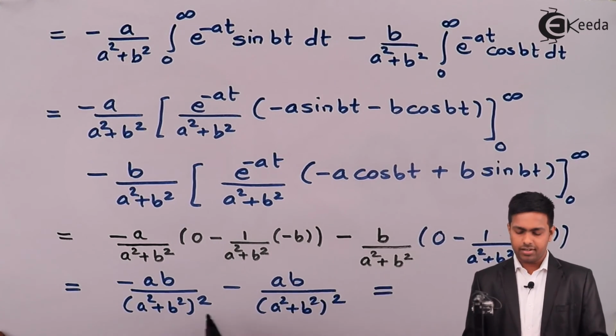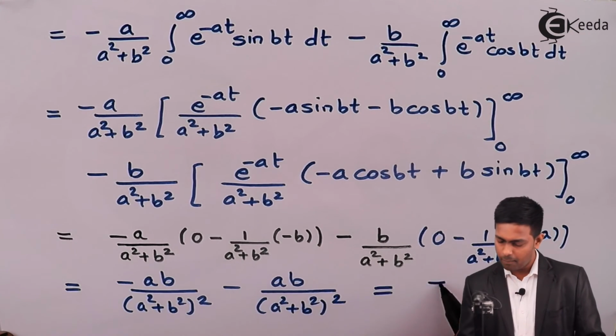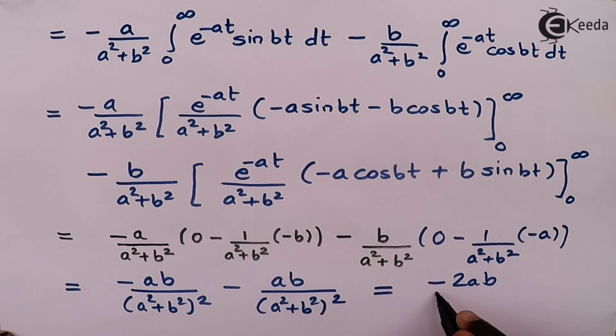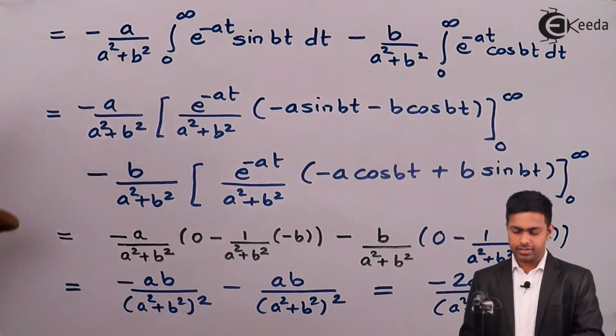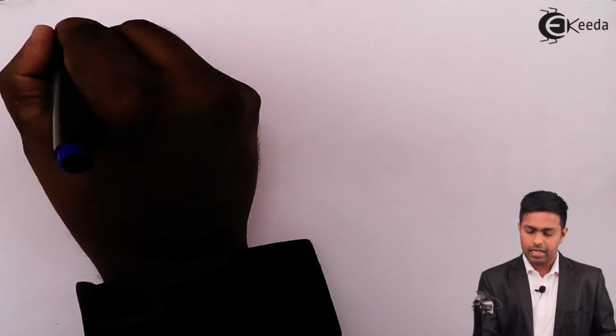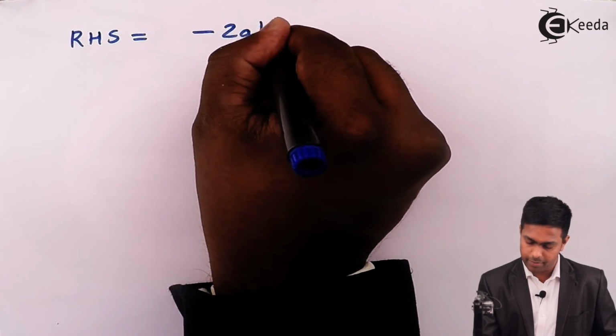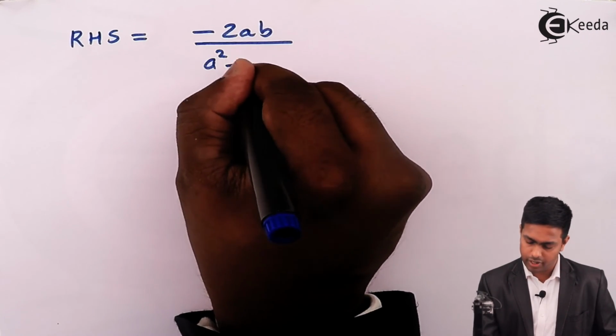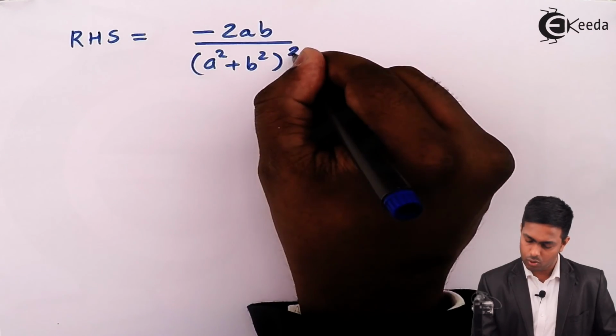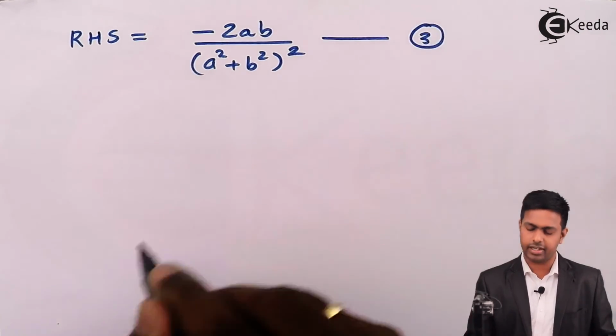And if we sum it up, then we will get minus 2ab upon a square plus b square the whole square. So guys, this is the value of RHS. On the next page I'll say RHS is equal to minus 2ab upon a square plus b square the whole square, that is equation number 3.